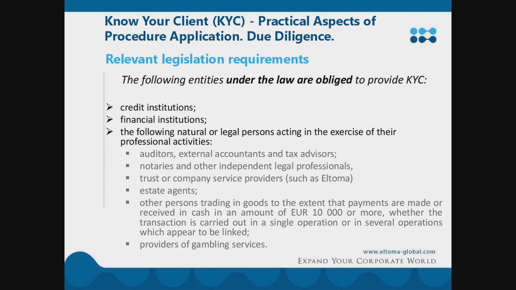Also, natural and legal persons who provide the next professional activities: auditors, accountants, tax advisors, company service providers, for example, such as Eltoma, notaries, independent legal professions, estate agencies, providers of gambling service, and also any other physical or legal entity who deals with payments which are made in cash in amount of 10,000 or more euros.